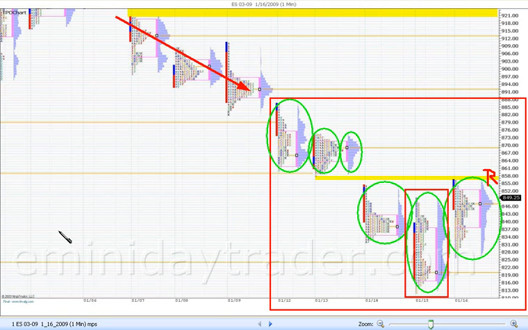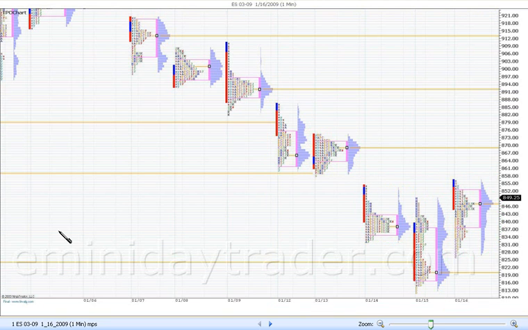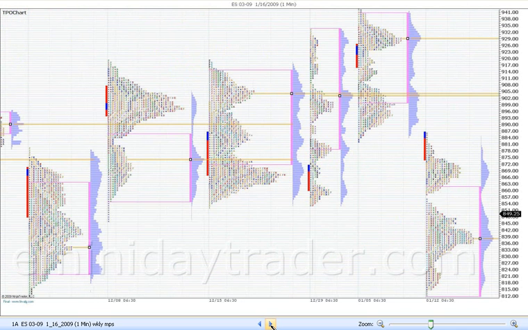But when we take a look at a little bit of a longer time frame perspective of the market, what I've done here is produce a series of weekly market profiles with their corresponding volume profiles. So this profile and its volume, that's from this entire week.